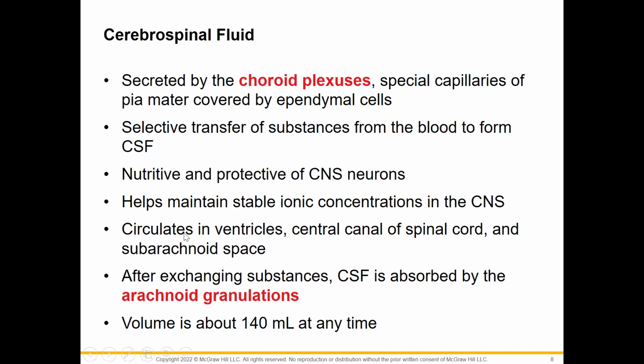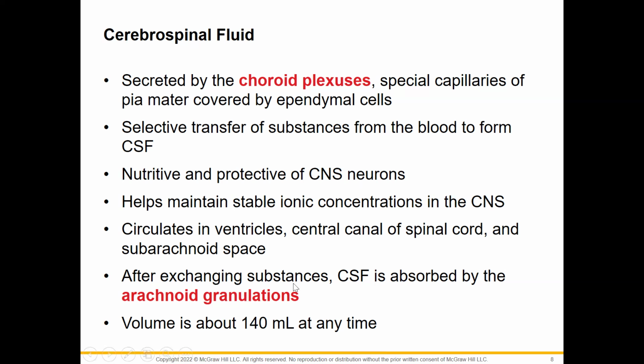CSF circulates in the ventricles, in the central canal of the spinal cord, and in the subarachnoid space. So you have the fluid flowing in the ventricles, the lateral ventricles, third and fourth ventricle. Then it goes down into the central canal of the spinal cord, and then it also flows in the subarachnoid space.